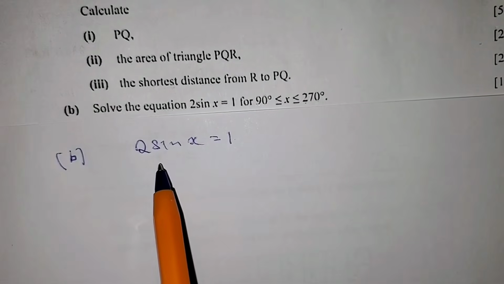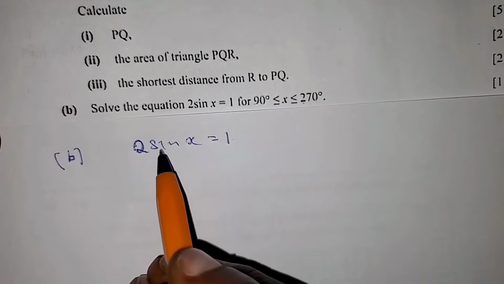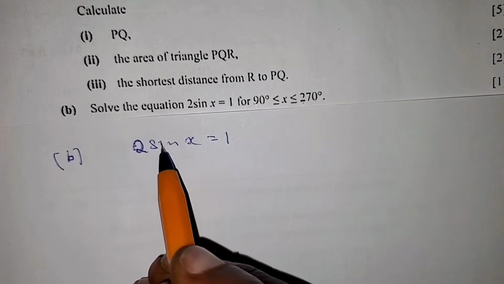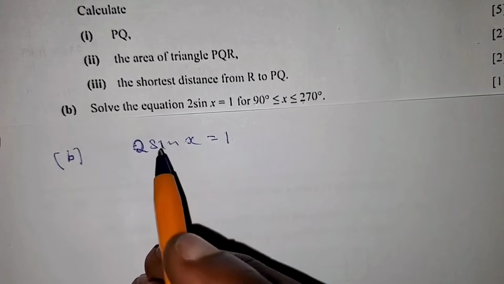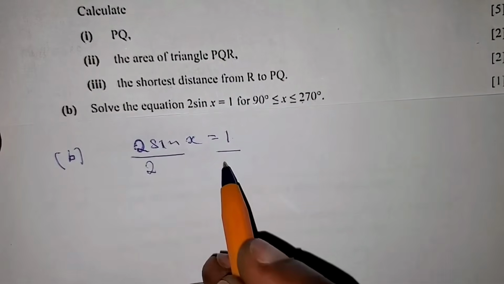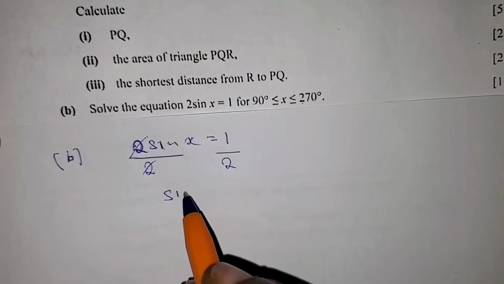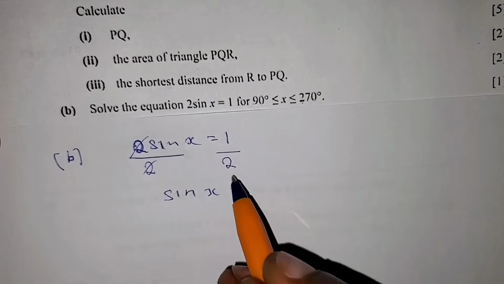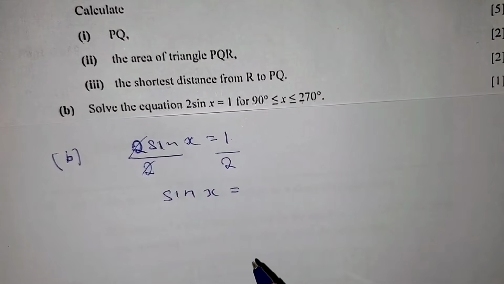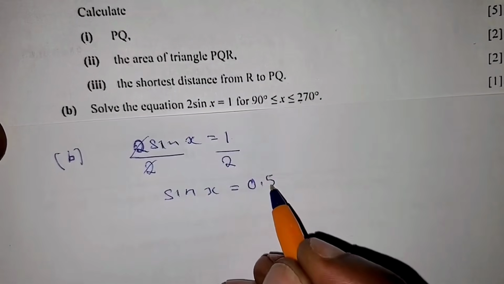Since there is a number in front of this trigonometric sine, you have to divide both sides by this number, which is 2. So this 2 and 2 cancel. Therefore sine x is equal to half, which is 1 over 2, or 0.5.